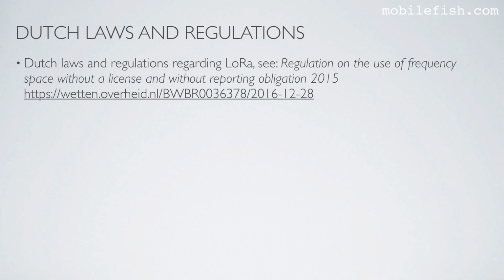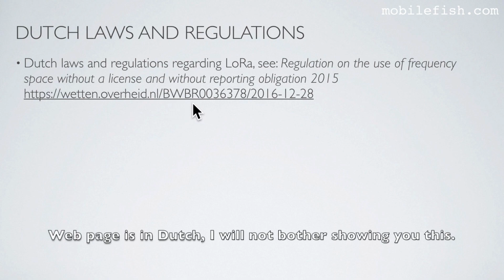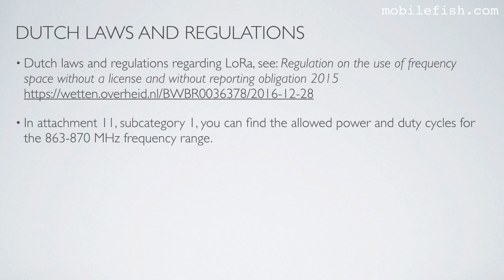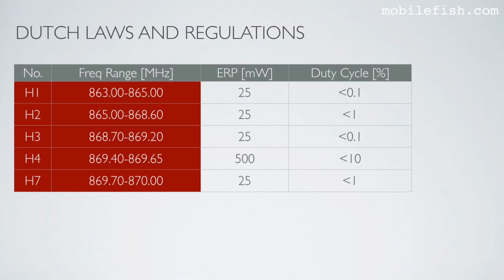Now let's look at the Dutch laws and regulations. For Dutch laws and regulations regarding LoRa, go to this web page. In Attachment 11, Subcategory 1, you can find the allowed power and duty cycles for the 863 to 870 MHz frequency range. Again, I have put the relevant information in a table.